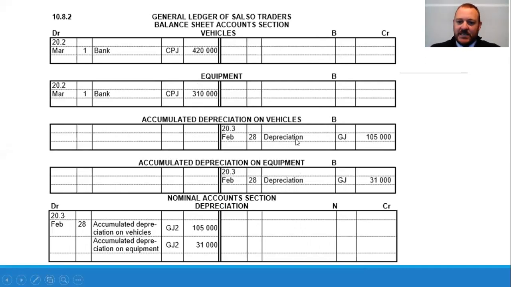Notice what they write as details here. Okay. In the accumulated depreciation of vehicles, it's depreciation. Same thing on equipment, depreciation. Okay. If you look at the actual depreciation account, you can see that those details there is where that corresponding credit is. Okay, so hopefully that gives you guys a good explanation of how to record it.